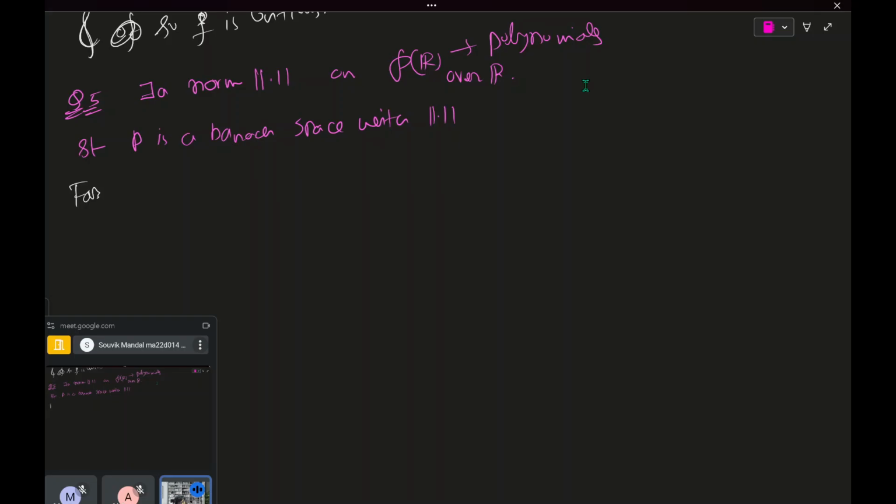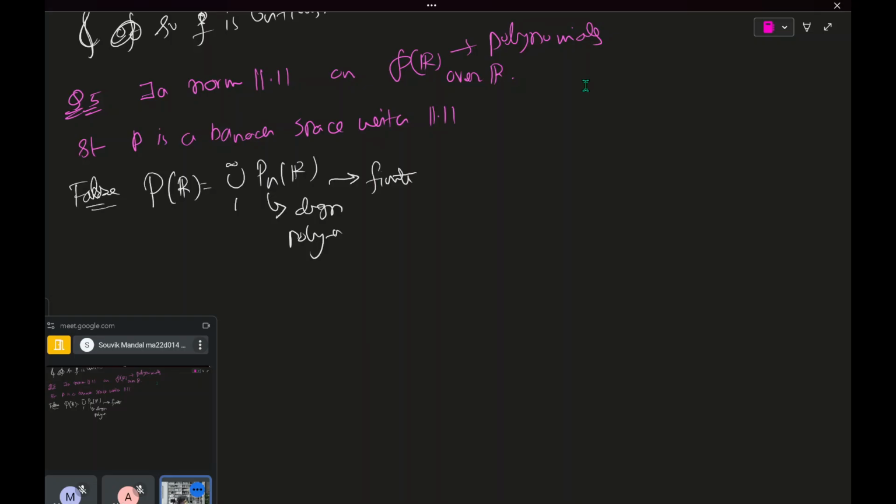This P of R is nothing but the union of the spaces of degree n polynomials over R, and each of them is finite dimensional, hence complete with any norm.